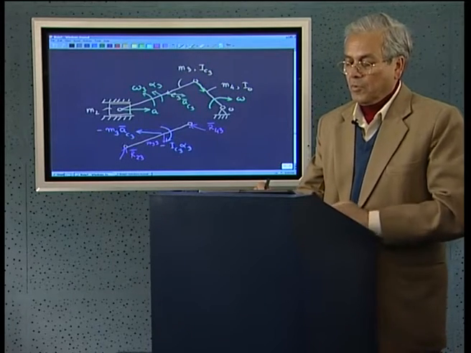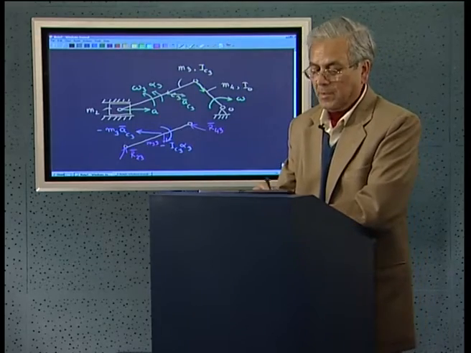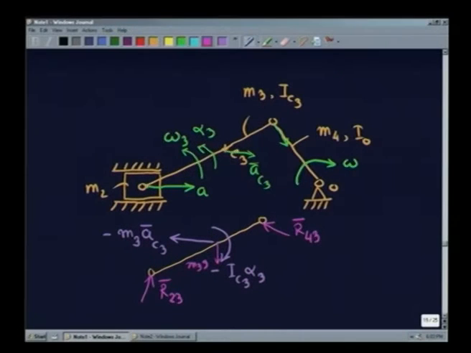So, once we come to this situation, the whole problem gets converted into a problem of static equilibrium, and there are various ways of solving this kind of problem. We will illustrate that by solving one particular problem, say maybe this kind of problem or a 4-link mechanism and so on.